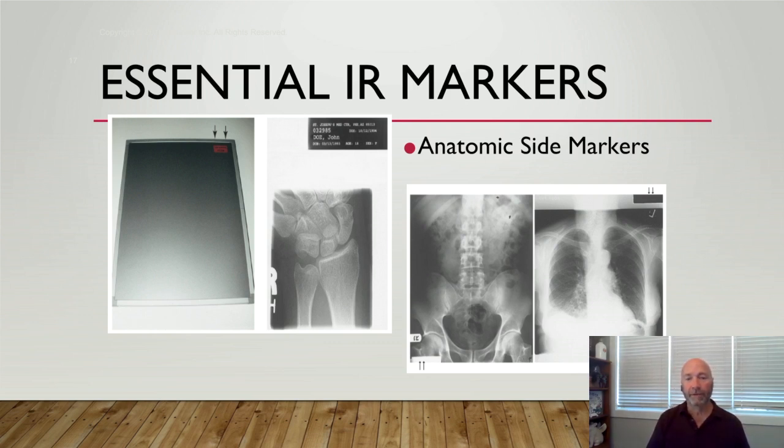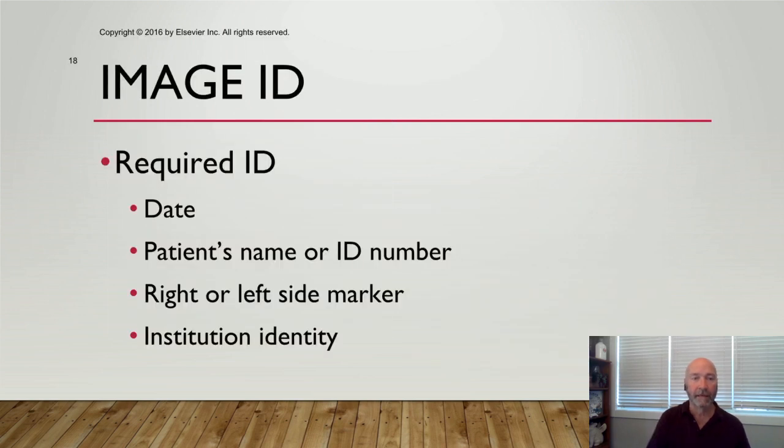On all of your images, you have to have certain things. So what you have to have is something to identify the patient, and then something to identify the anatomy that you're looking at. So what we see then are the things that are required to make the image a legal document. So we have to be able to identify the patient, but we also have to identify the side of the patient that we're interested in seeing.